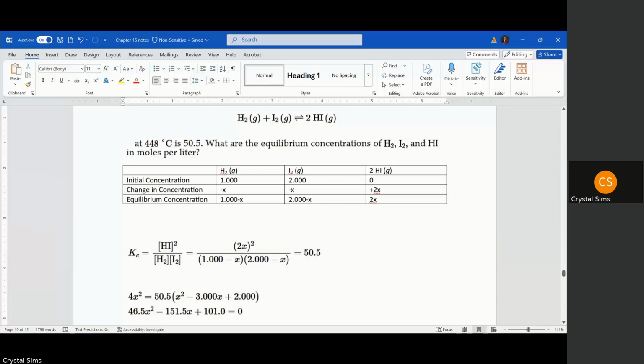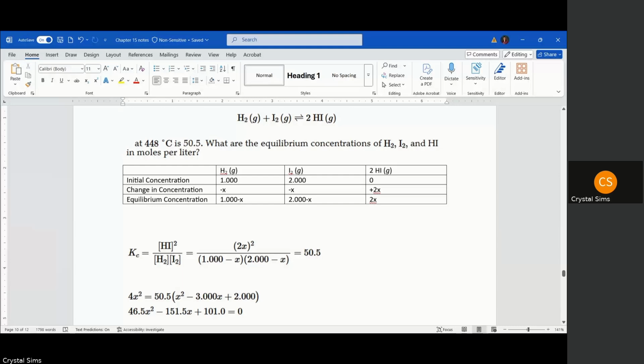Because they told me I had 1 mole and I have a 1 liter flask, my concentration is just going to be, because we're doing moles per liter for concentration, 1.000 for hydrogen and 2.000 for the iodine.